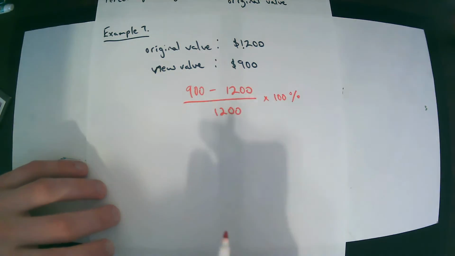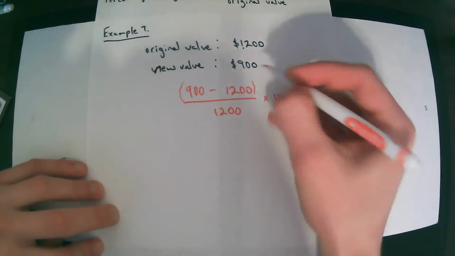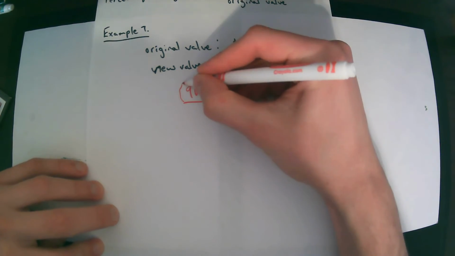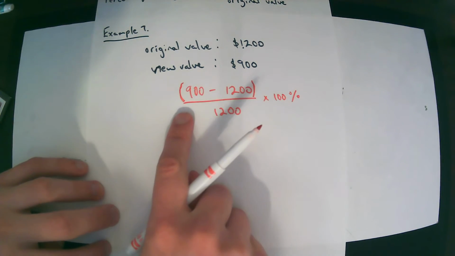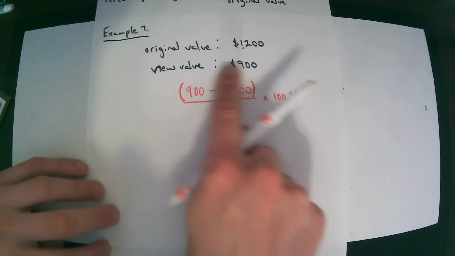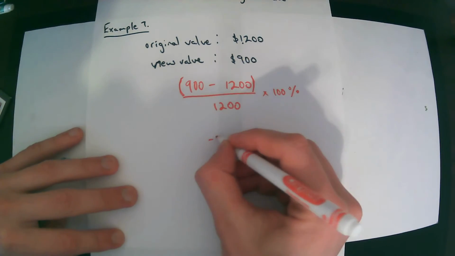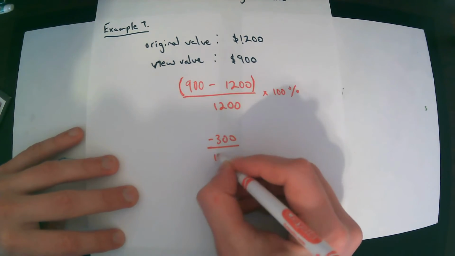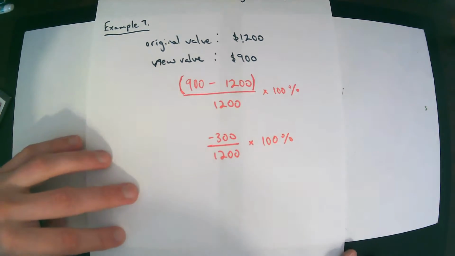So the important thing to note here is that this is technically wrapped in parentheses. If you do want to use your calculator for this whole thing, make sure you're using the parentheses buttons. Wrap that numerator in parentheses. The way I was going to do it though is just go ahead and find that difference and bring that down.